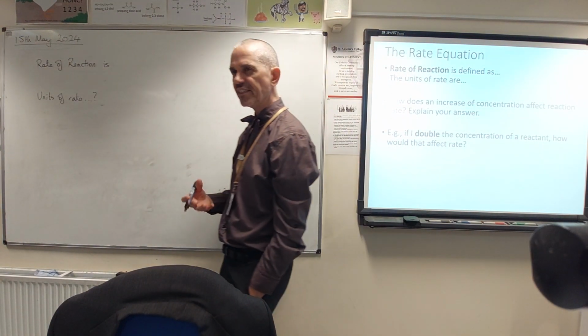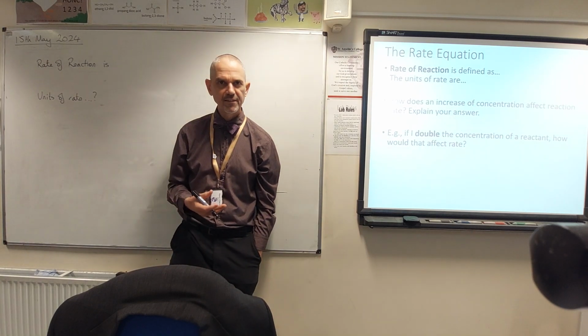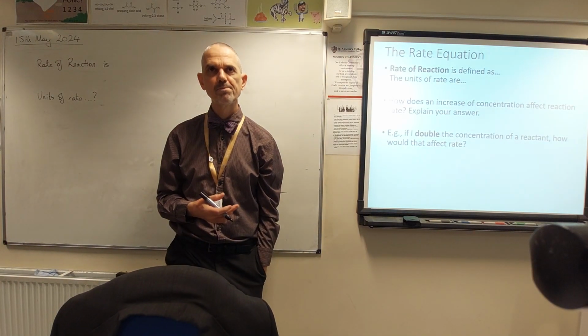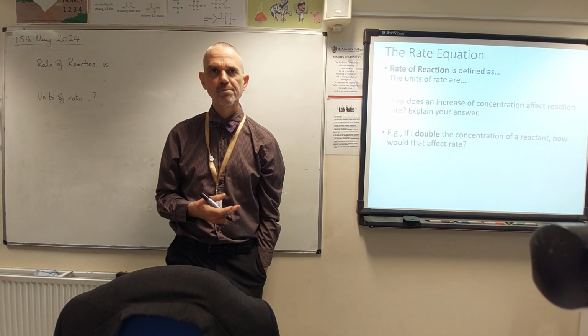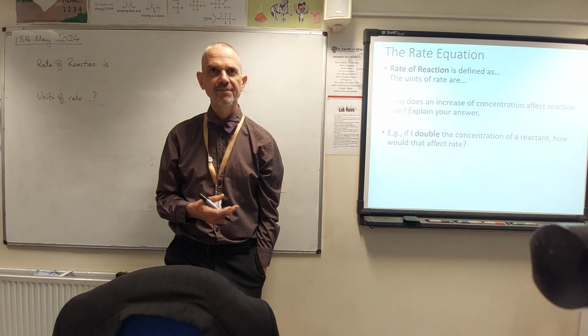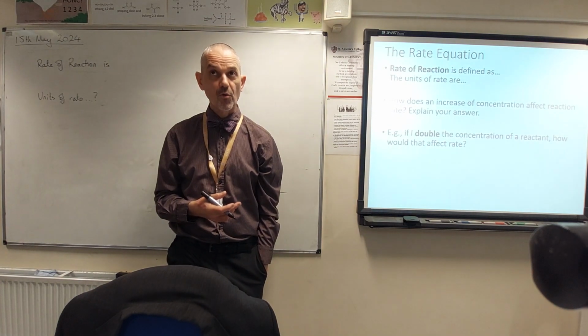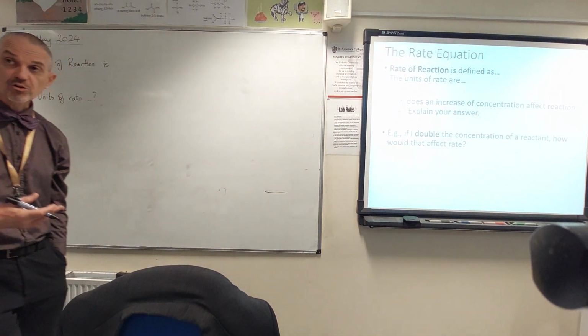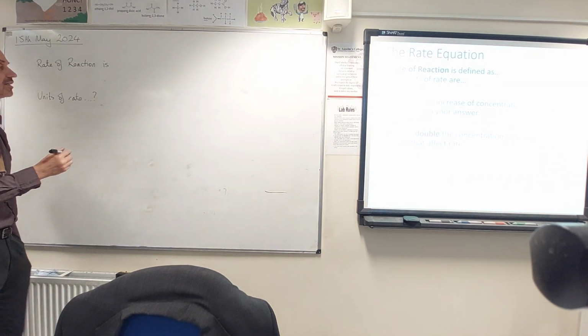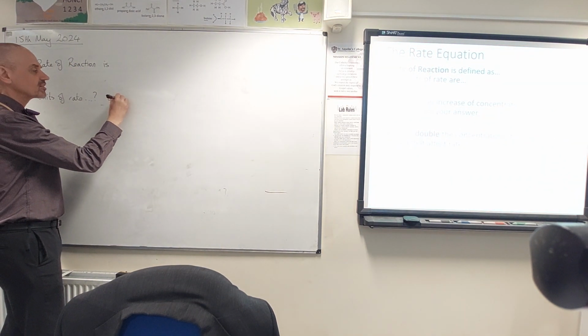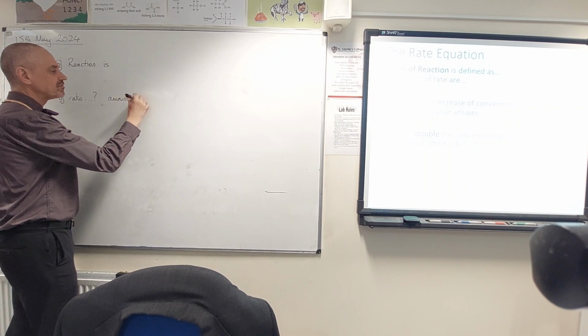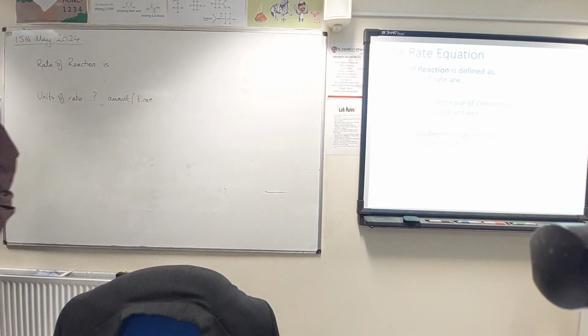What would the units of that be? Kieran. I was thinking grams seconds minus one. Okay, so grams per second, or grams second minus one. So we've got to have a unit of amount, and we've got to have per time.